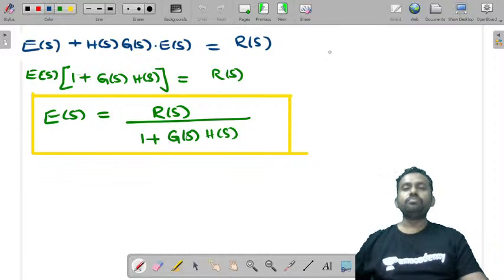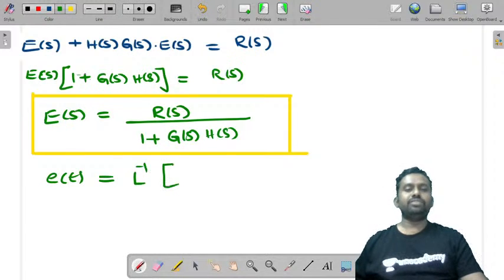Now, let's consider we need E of t. What is E of t? It is Laplace inverse of E of S, simply. So what is steady state error?